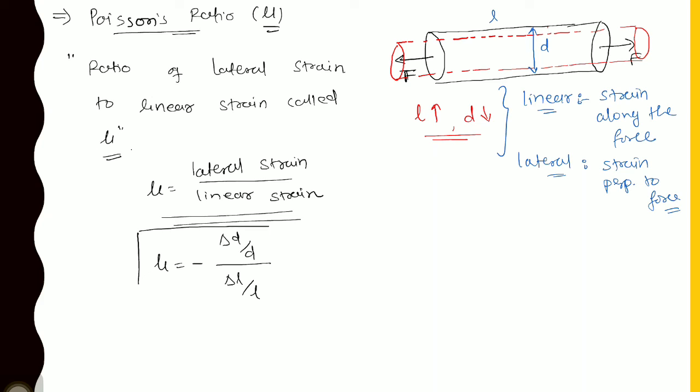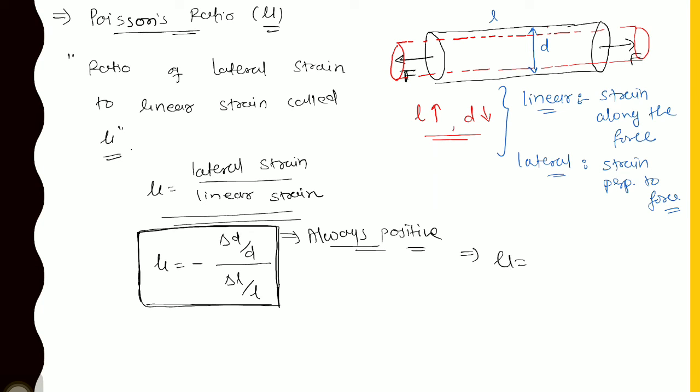This negative sign indicates that D and L are changed oppositely, meaning one increases, another decreases. In magnitude terms, it is always positive, so we put one additional negative sign. या फिर आप ऐसे भी इसको लिख सकते हैं, mu is equal to mod delta D upon D divided by delta L upon L. This is also another way to write Poisson's ratio.